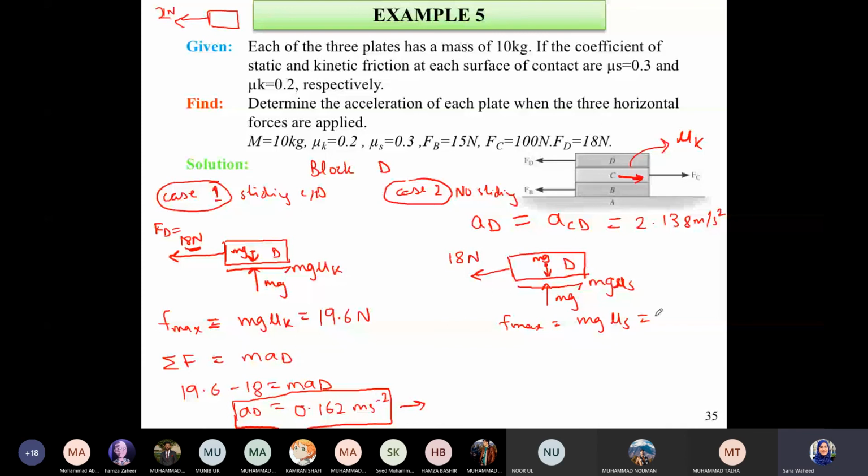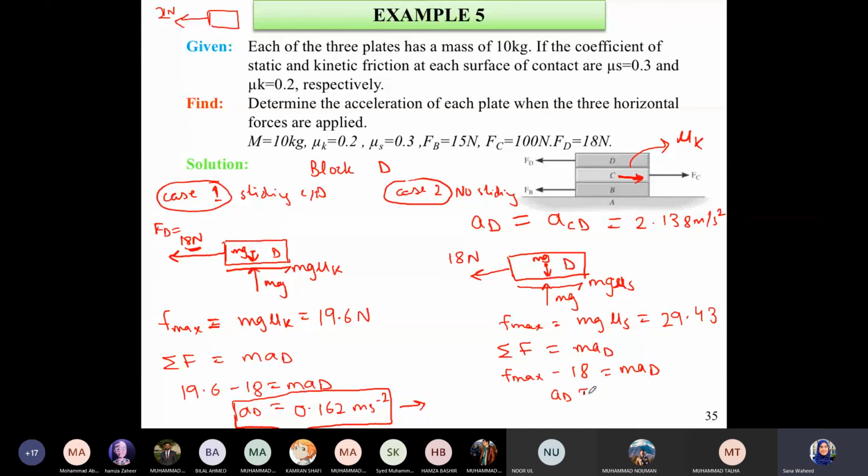I get a frictional F max of 29.43. ऐसा ही है। अब 29.43, which means कि I can apply, again, this is greater than 18 newtons, so sure, that means it will cause an acceleration to the right. Perfect. But let's see, okay, what is the acceleration that it causes? It causes F max minus 18, वो जो ये लेफ्ट पैक करिए, is equal to m a_D.